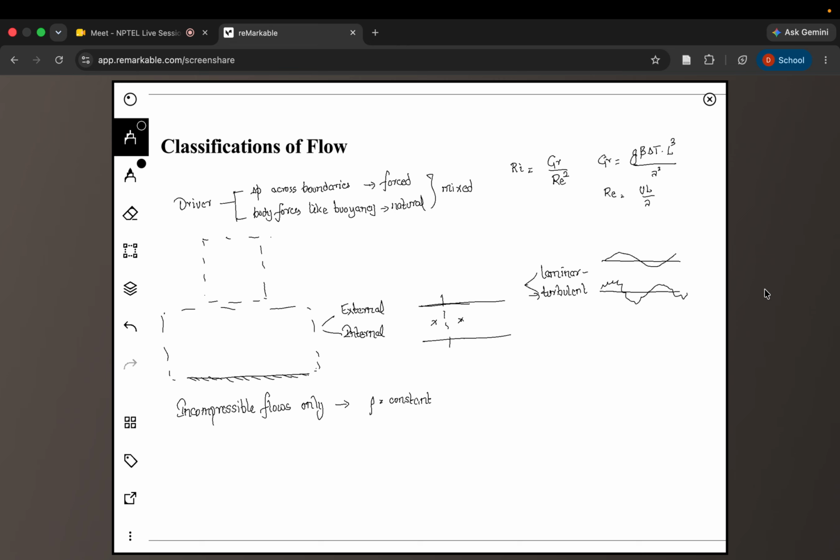So if I have, let's say, a problem where you have natural convection, like the one that I told just before. So you're sitting in a room. Let's say sunlight is falling on one of the walls. So this wall will have a temperature which is higher than the room temperature. So this is my room. If I want to study the fluid motion inside this room, density will definitely vary because I'll have some natural circulation that is happening.